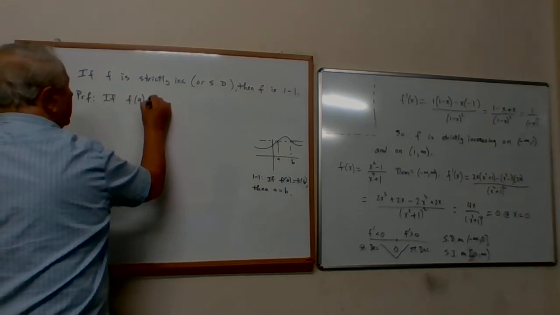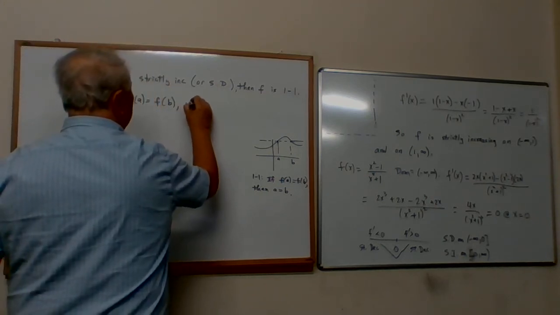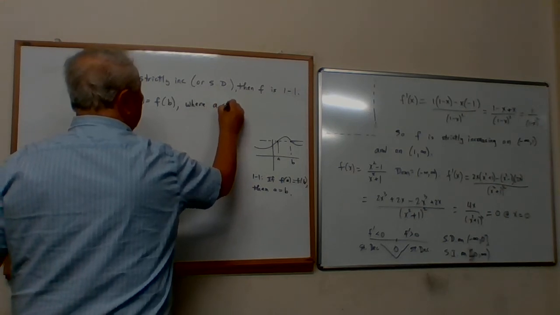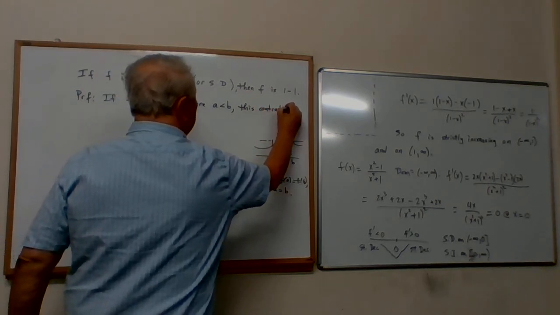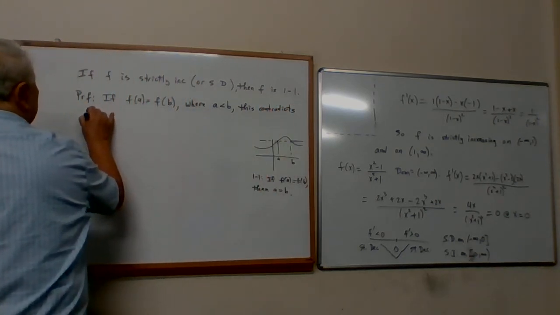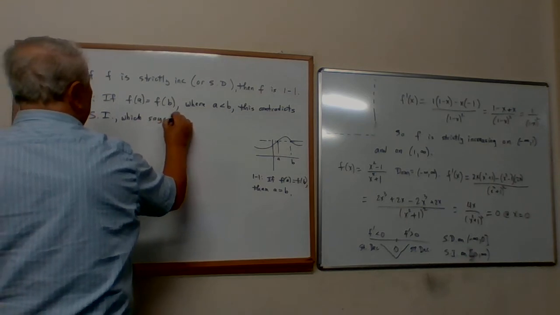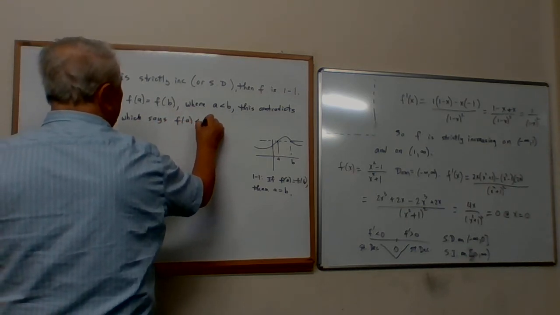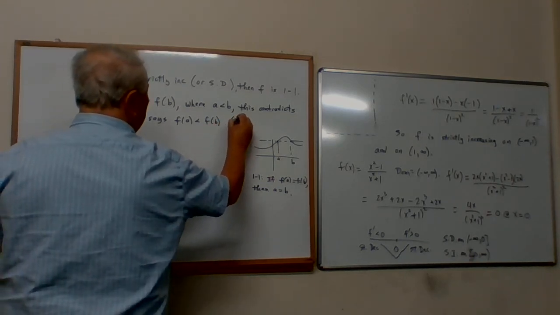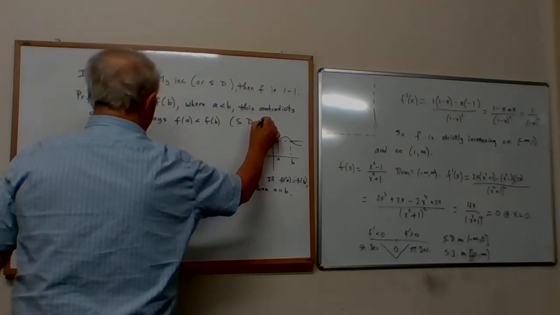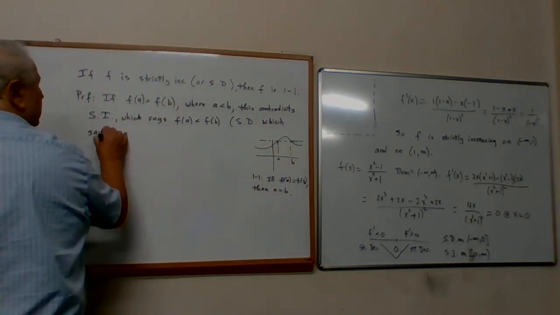If f of a equals f of b, where a is less than b, this contradicts strictly increasing, which says f of a is less than f of b, and it contradicts strictly decreasing, which says the opposite.